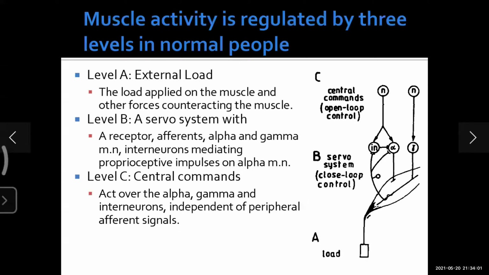But they say there seem to be three different levels at which the muscle is controlled, and when they all come together, they control it in a very different manner from how we think it is controlled.